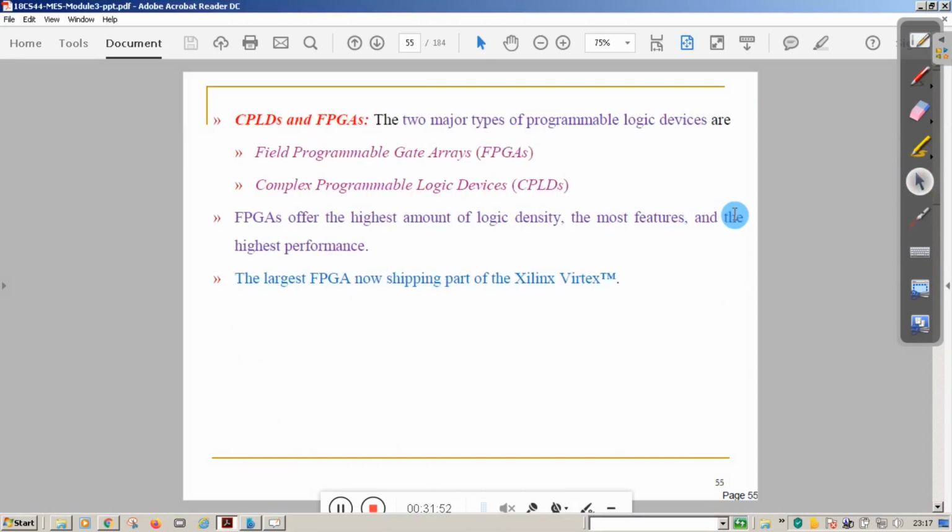Now, there are two types of PLDs. One is field programmable gate arrays. I told you what field programmable gate arrays are. The other one is the complex programmable logic device.